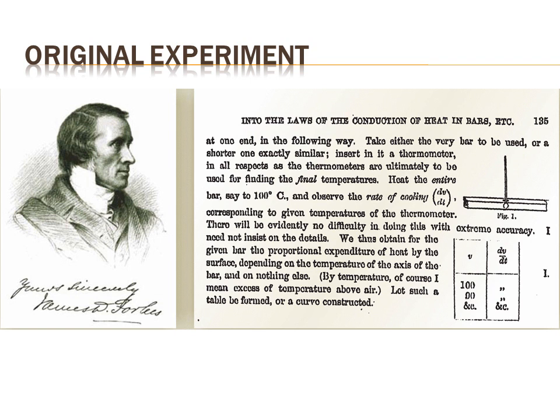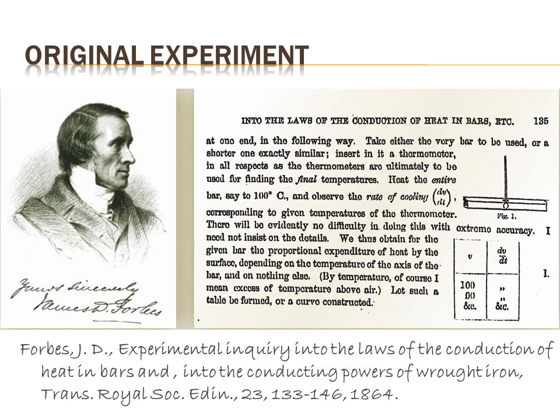It was supplemented by a second experiment in which a segment of the same bar provided with a thermometer was allowed to cool in air under the same conditions as the other experiment. His experimental results and discussion were recorded in the Transactions of the Royal Society of Edinburgh in the year 1864.